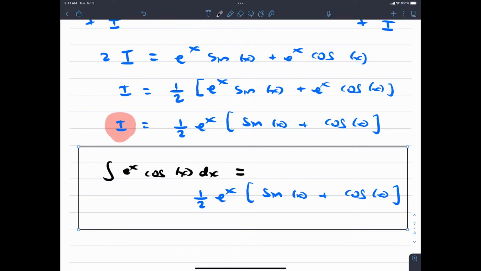I tried doing this integral with different U's and different DV's. I got stuck. I didn't know which way to go. I went through the learning process. I made mistakes, although they weren't mistakes. And that's why when I saw how to do it, I earned the right to see the solution. And I'll remember it for the rest of my life.